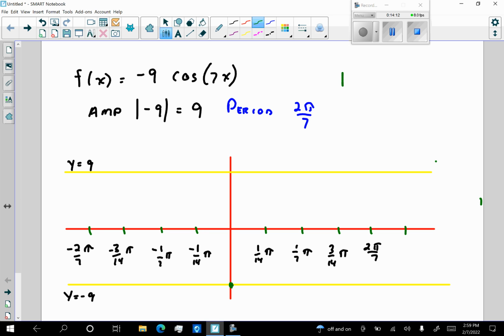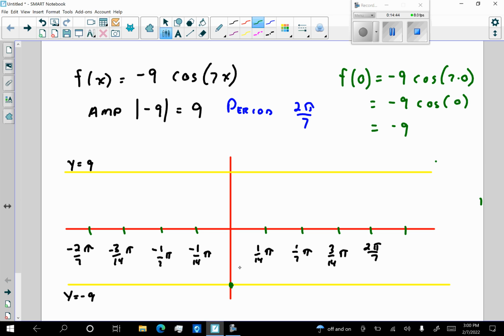The function at 0 is going to be -9 times the cosine of 7 times 0. 7 times 0 is 0, so this is -9 times the cosine of 0. And I know from my unit circle that the cosine of 0 is 1, and -9 times 1 is -9. So you know this rascal has to start at its minimum value.